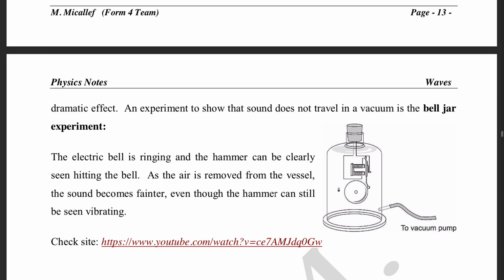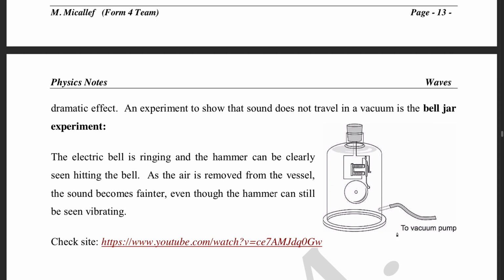So basically what we have here is a glass jar called a bell jar, in which there is a bell and a mechanism that works with electricity, in which as electricity passes, this hammer moves up and down and hits the bell repeatedly. This is similar to the bell used to notify us that a lesson has ended at school, for example. So as soon as the bell starts ringing, at first we start to hear it.